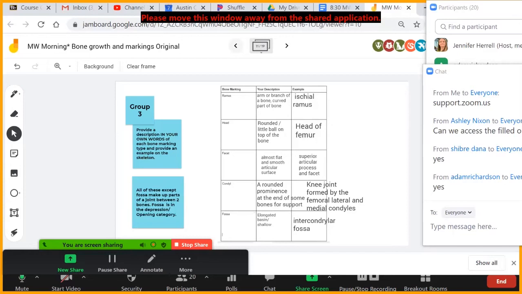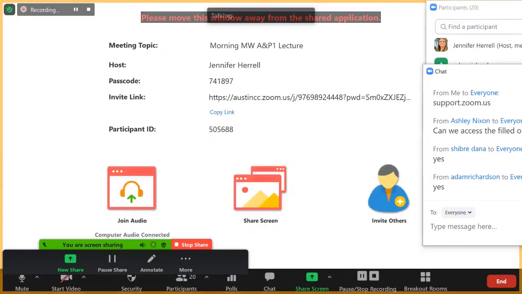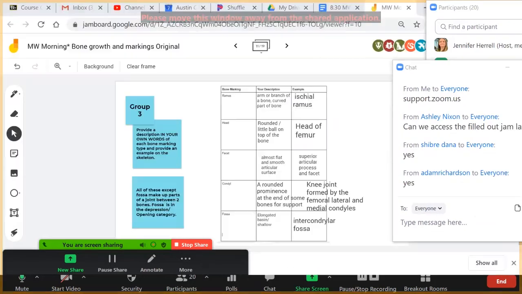A facet. Where have you guys heard the word facet before? Or have you heard the word facet before in everyday life or a non-anatomical context? If something is many faceted. In sewing, there's a facet stitch.